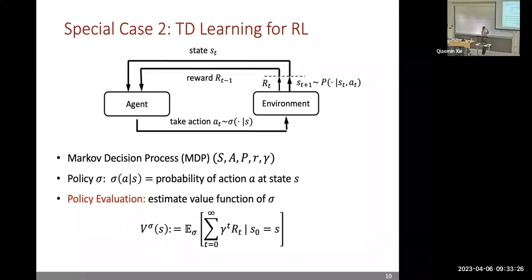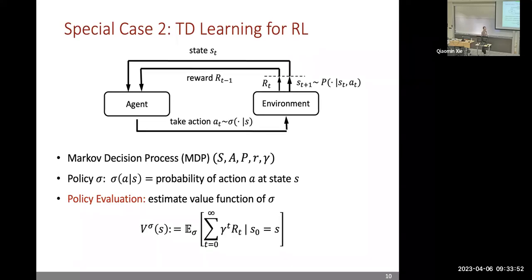Here we consider a simpler problem in reinforcement learning, the so-called policy evaluation problem. You have a target policy sigma, and all you want to do is estimate the corresponding value function, which is just the total discounted reward the agent can get by following this particular policy sigma.